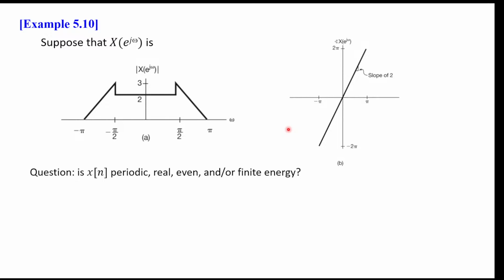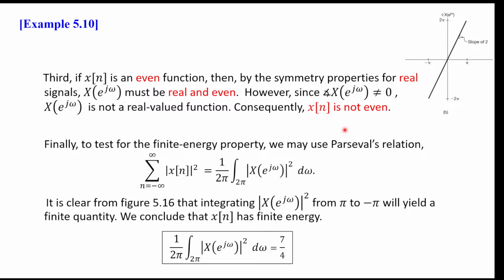Do we see that big X is an even function? Its amplitude is an even function, but the angle is not. To be an even function, both the amplitude and the angle should be even. Because the angle is not even, big X is not an even function, so x[n] is not an even function.